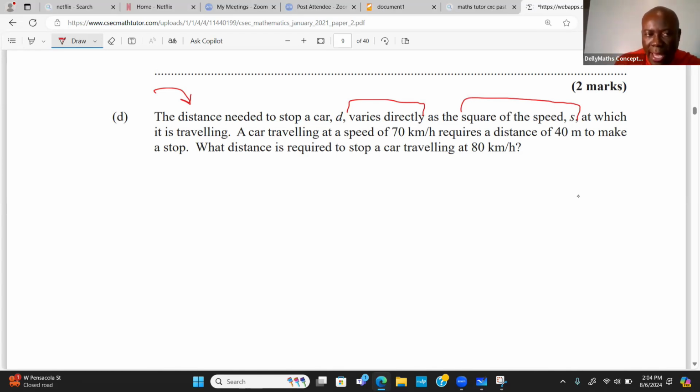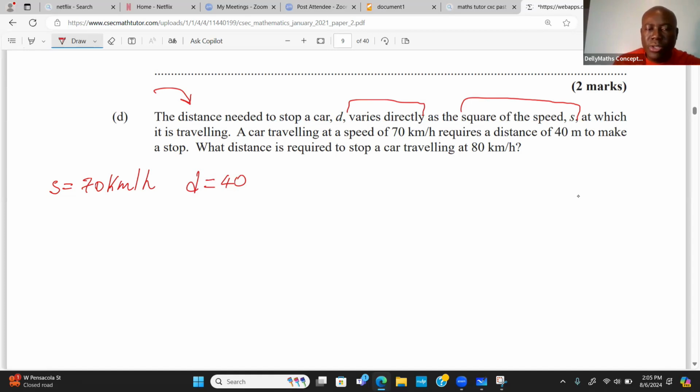So let me write what I have. I have a speed here, a car traveling at 70 kilometers per hour requires a distance of, so this is the D for it, 40 meters to stop. What is the distance when the car is traveling at 80?